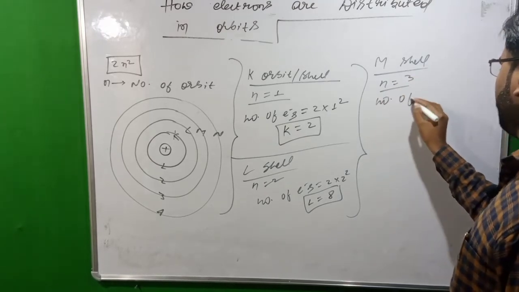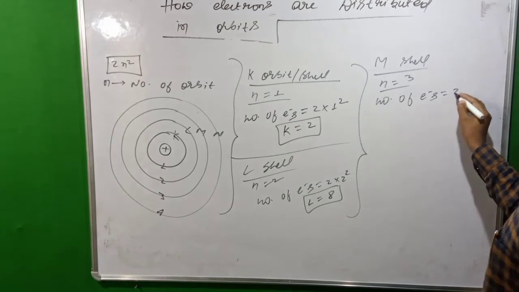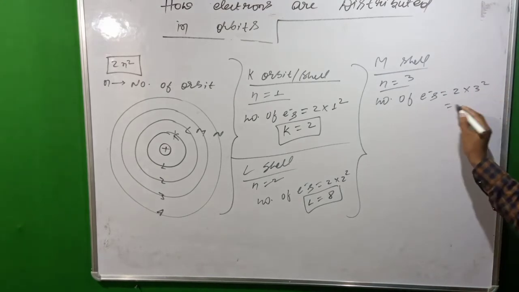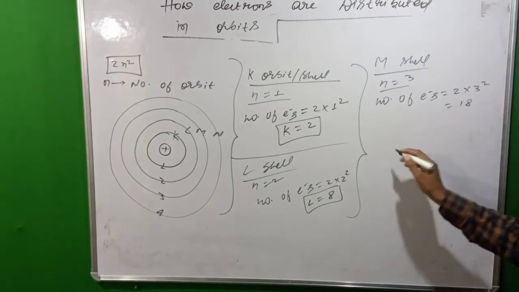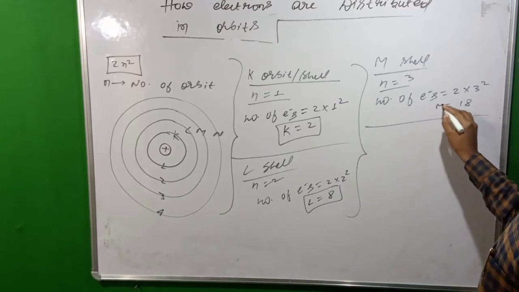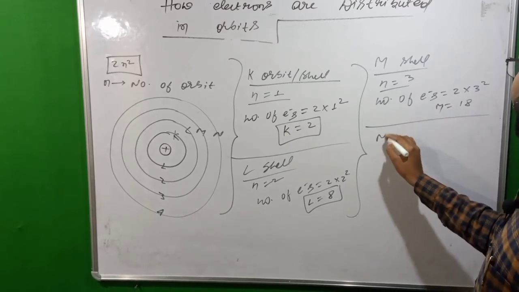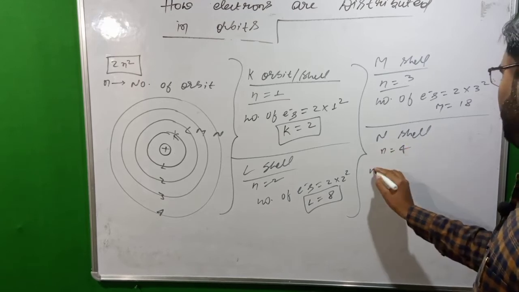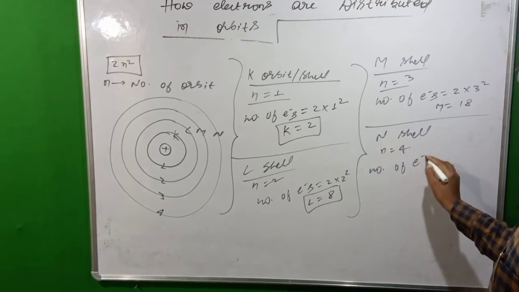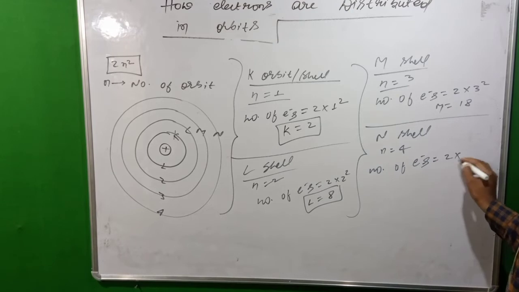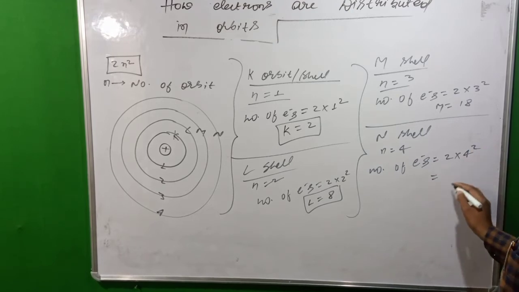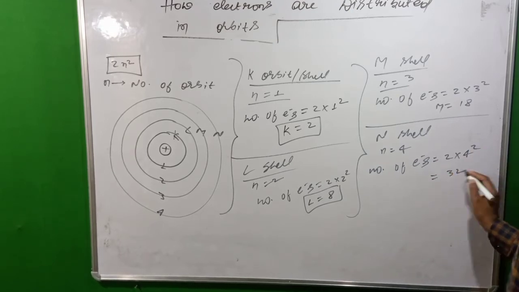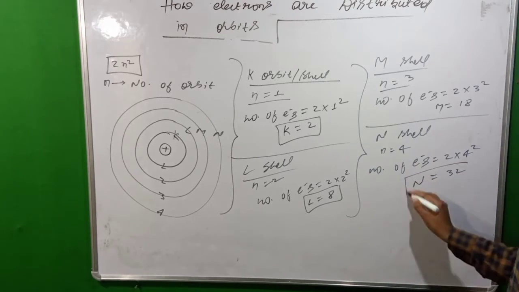The number of electrons is equal to 2 into 3 raised to the power 2, that is 18, right? Similarly, for the N shell, n is equal to 4. The number of electrons is equal to 2 into 4 raised to the power 2, that is equal to 32.